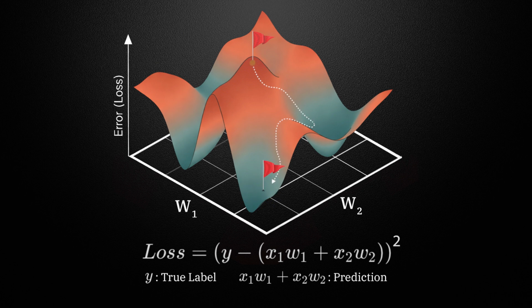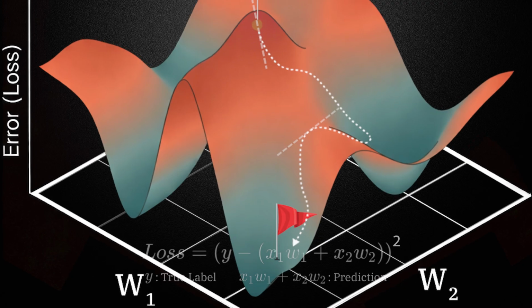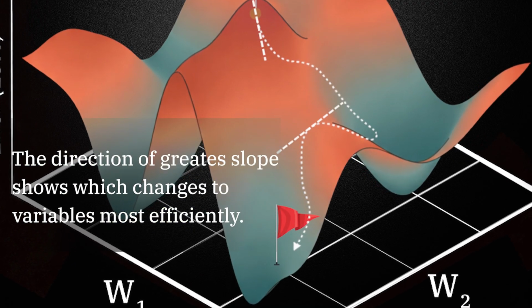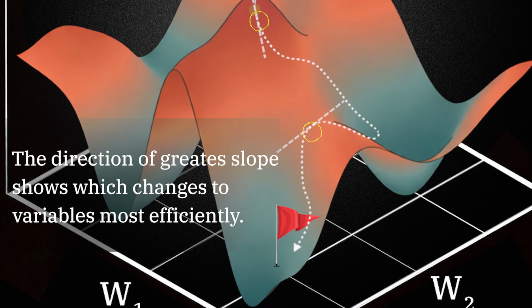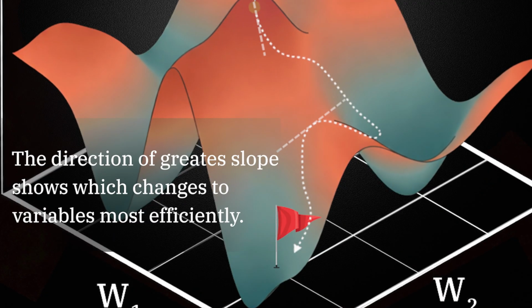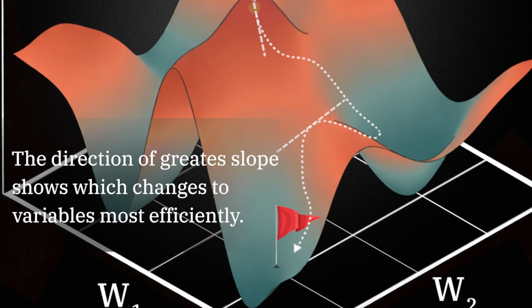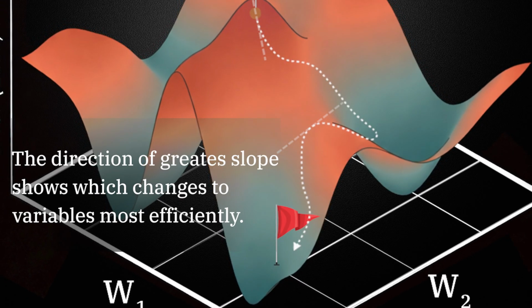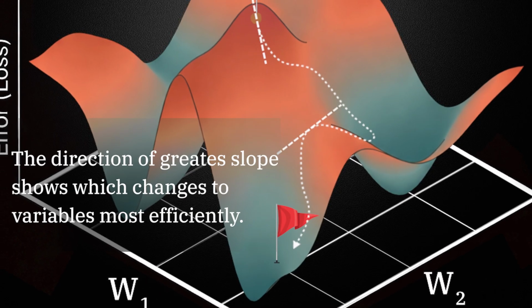This is where the loss function powers the learning. Because the loss function is a smooth mathematical curve, we can calculate the slope of the ground right under our feet. The loss function tells the model if you change your internal weights this much to the right, your error will go down.